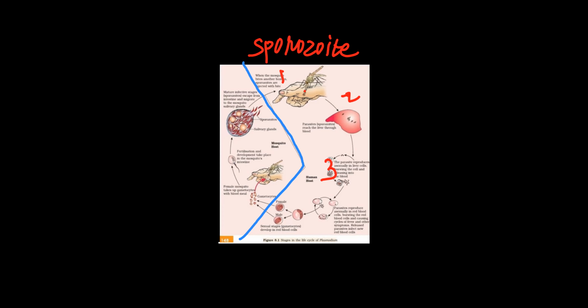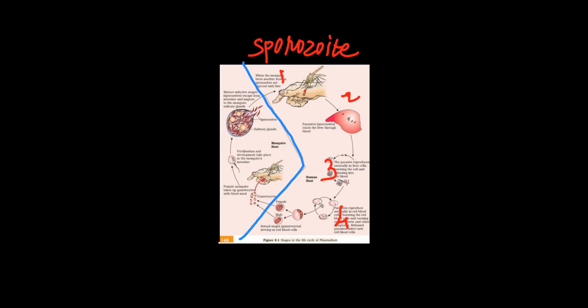The Plasmodium in the sporozoite stage, which has entered the liver cells called hepatocytes, feeds upon the stored food in the hepatocytes, grows, and then multiplies once or twice at least to increase their number. Then they rupture the liver cells and come out and carry out infection into the blood cells, the RBCs.